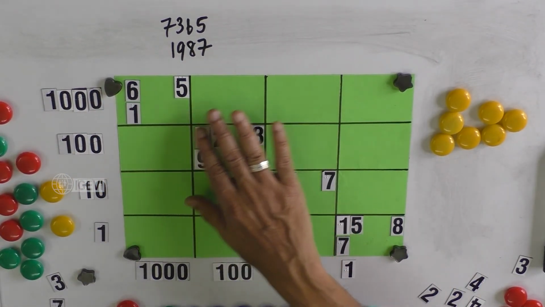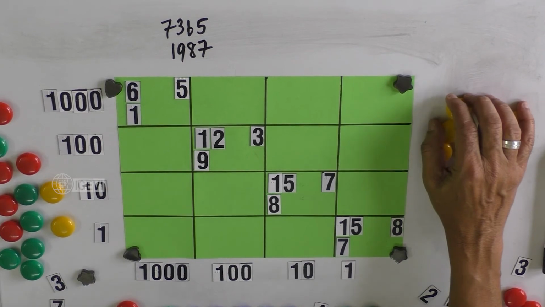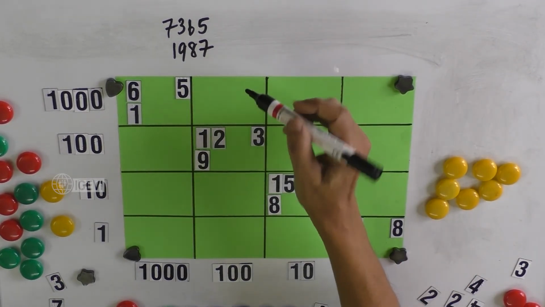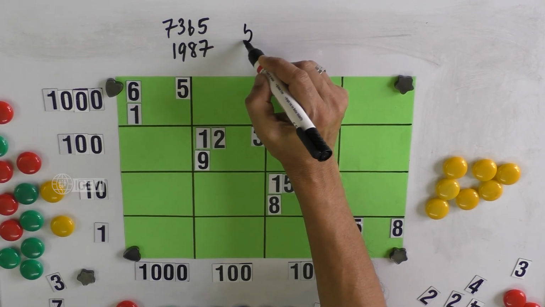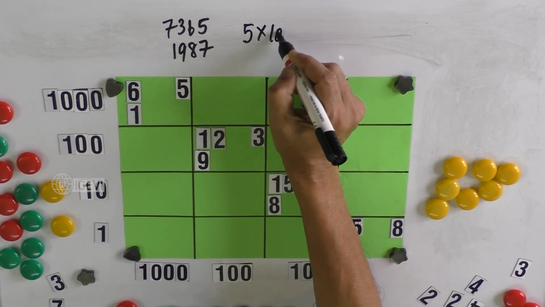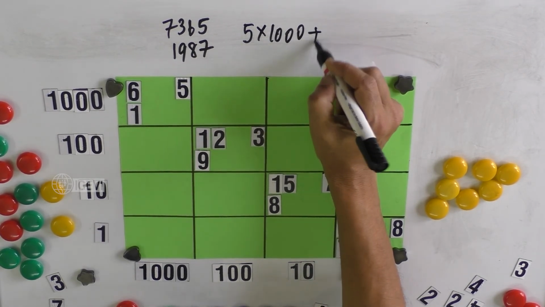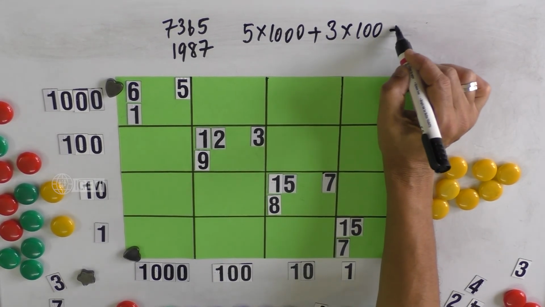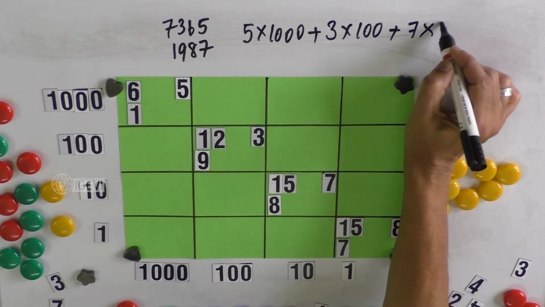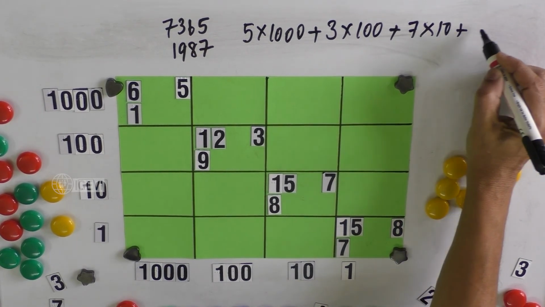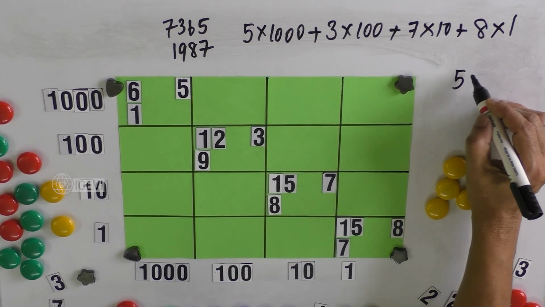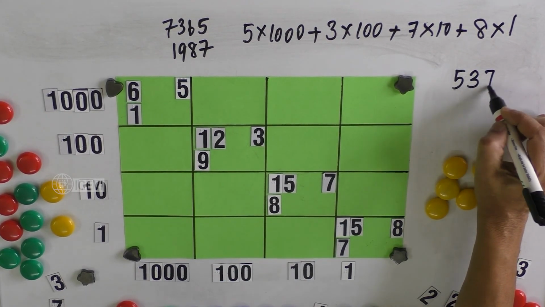Now you have used the expanded form template to do the calculation. So what we have got is nothing but 5 multiplied by 1000 plus 3 multiplied by 100 plus 7 multiplied by 10 plus 8 multiplied by 1. That is 5378.